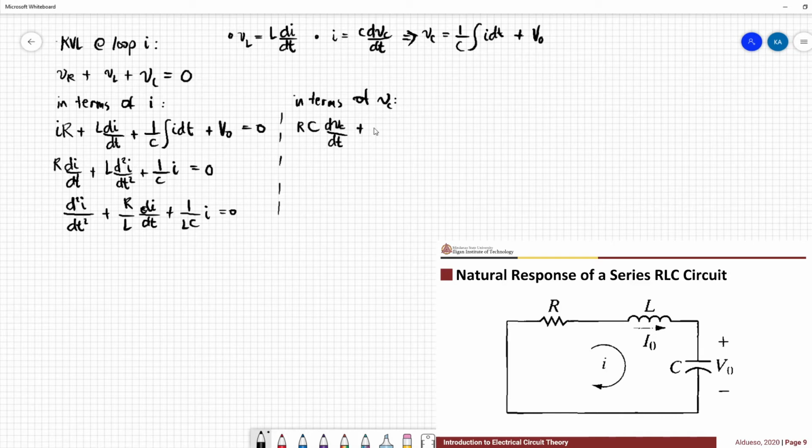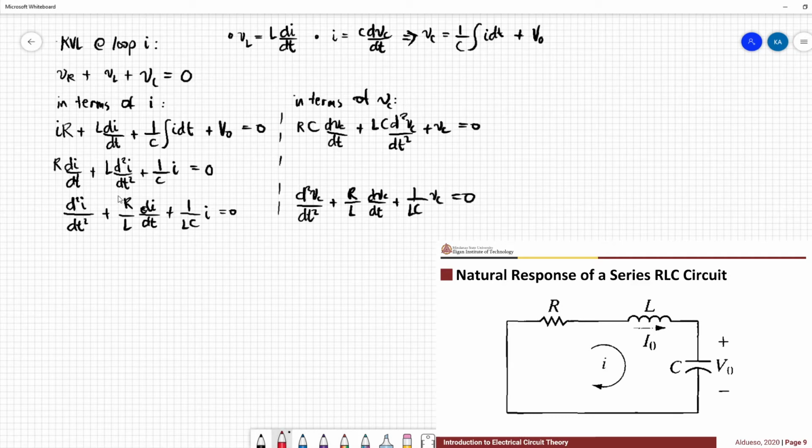So we have LC, second derivative of VC with respect to time, plus RC dVC/dt plus VC equal to 0. Now rearranging this equation, it becomes the second derivative of VC plus R over L dVC/dt plus 1 over LC VC equal to 0.